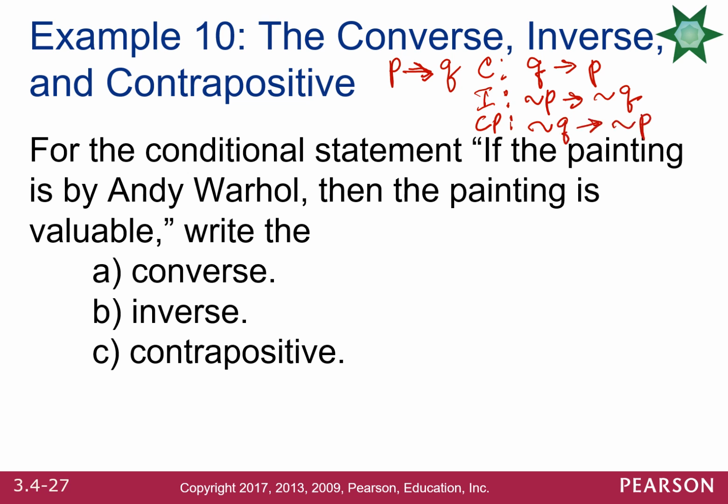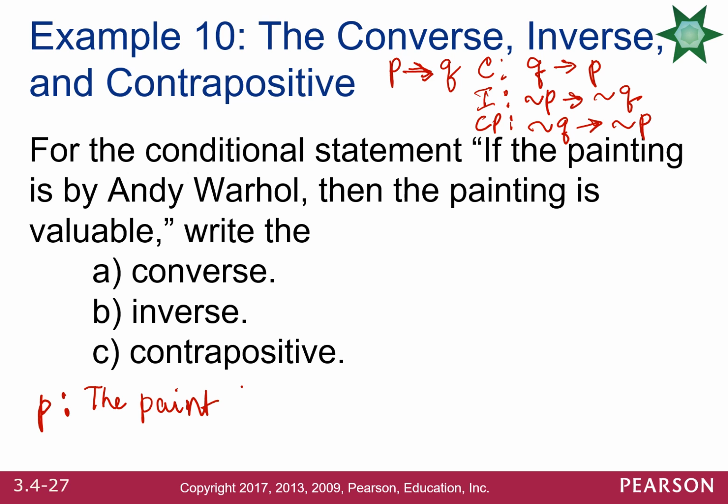All right. So we have the conditional statement given to us as if the painting is by Andy Warhol, then the painting is valuable. Again, first step is to break this statement up into two simple statements, correct? So P will represent, maybe, the painting is by Andy Warhol.